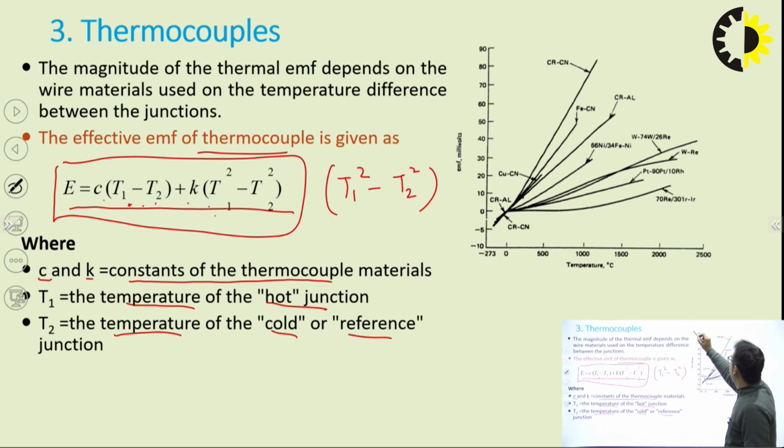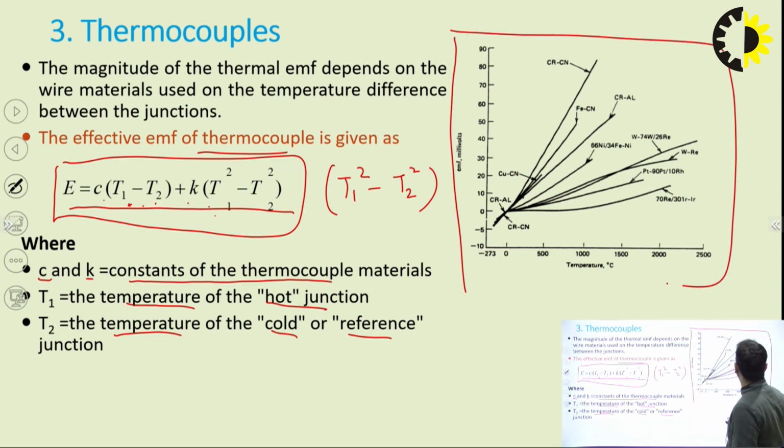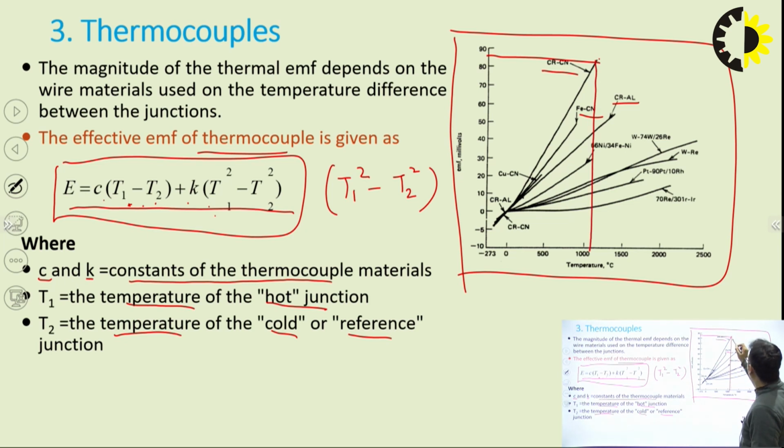This is a graph of different materials, like chromel and alumel, iron and constantan, showing how their EMF changes with respect to temperature. As we can see, this material produces very high output, but its temperature range is a bit low, up to 1000 degree centigrade.